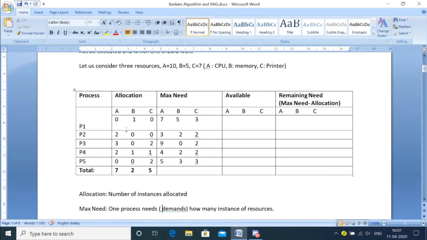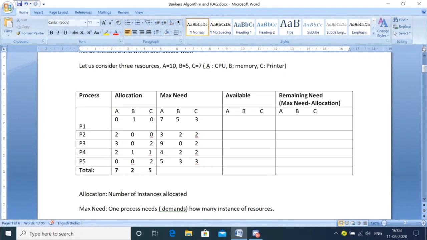If we look at the second table, what we can see is that out here the zero, what will it mean? It will mean that not a single instance of A, what is A? CPU, not a single instance of A has been allocated to P1. Then B, the value 1 means what?